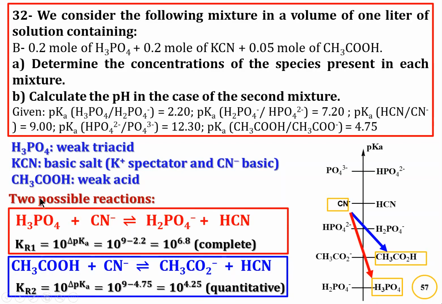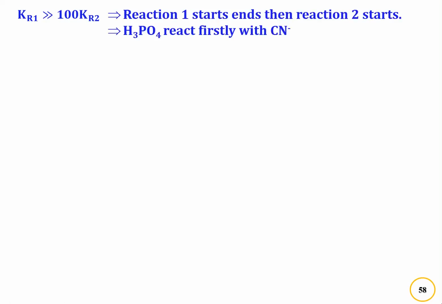Two possible reactions in the same reaction system. We have the same stoichiometry for these reactions. So to compare their advancement or the sequence, we compare the value of K. K of reaction 1 is at least 100 times greater than K of reaction 2.